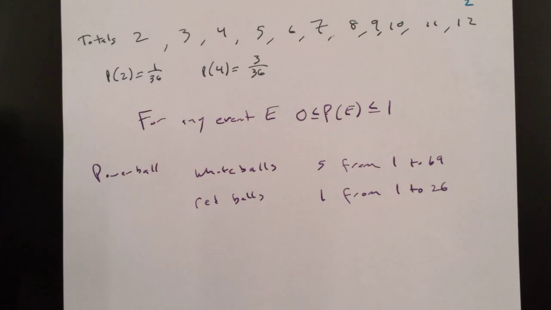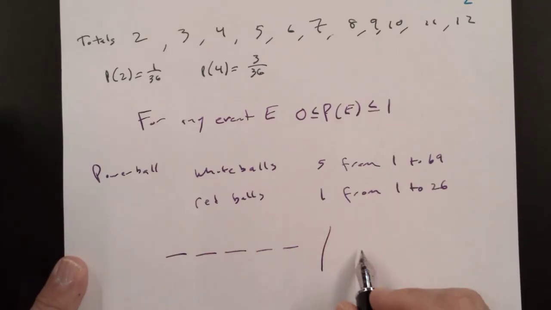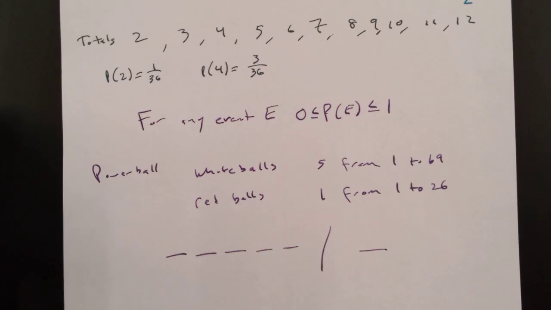Unfortunately, no. Because what that would mean is I'd be picking 5 numbers, right? These are the white balls, and then over here I'll put the red ball. If there are 69 options here, how many options are there here?